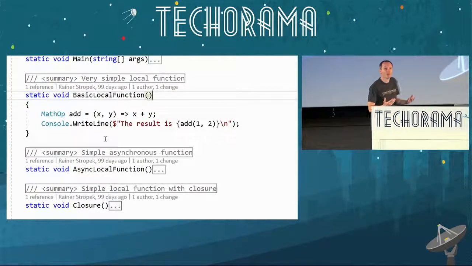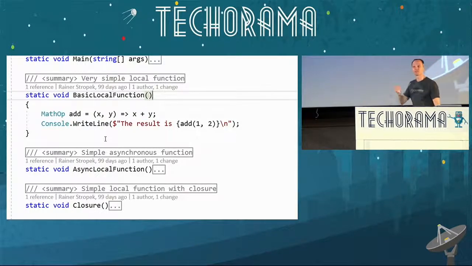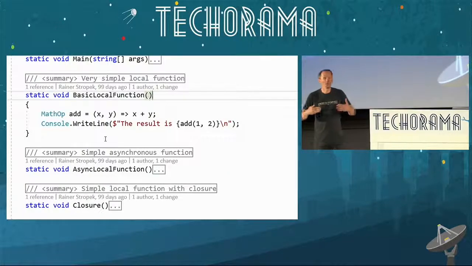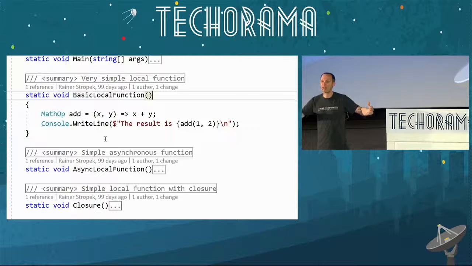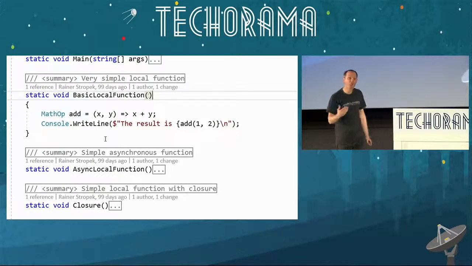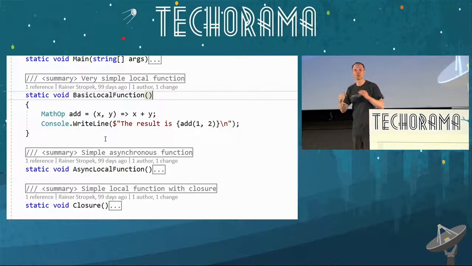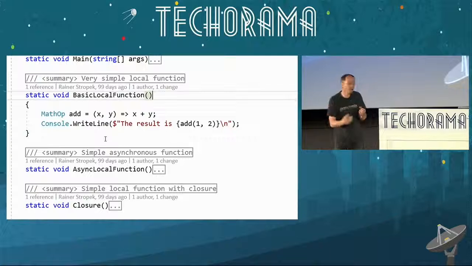I mean, I can write a private function inside the class, can't I? Well, if you write a private method inside of your class, you're exposing this code to anybody, to an entire class. And maybe this add functionality is something that only makes sense in the context of basic local function. Maybe it needs access to local variables.